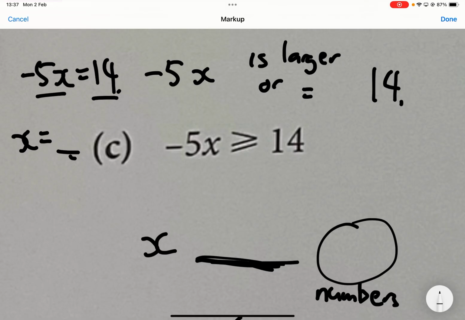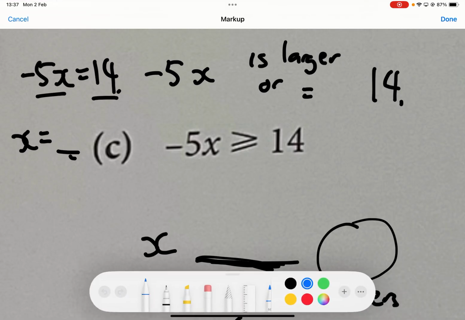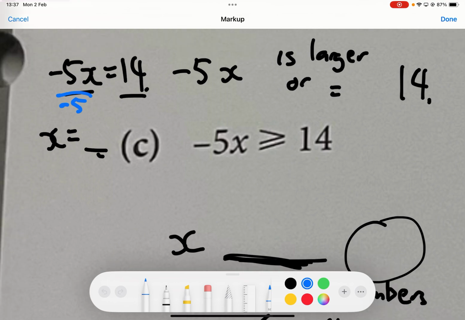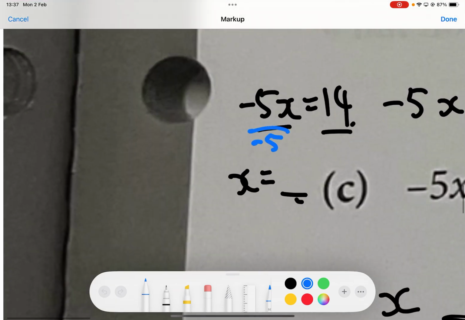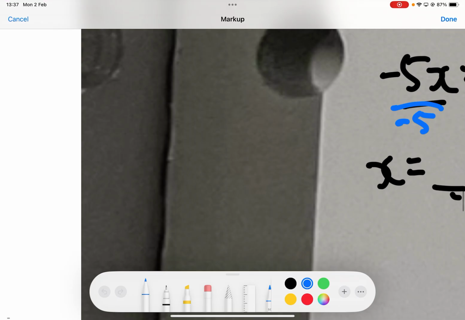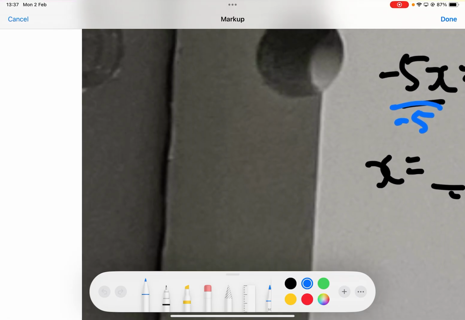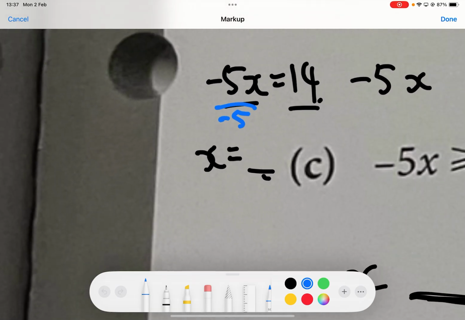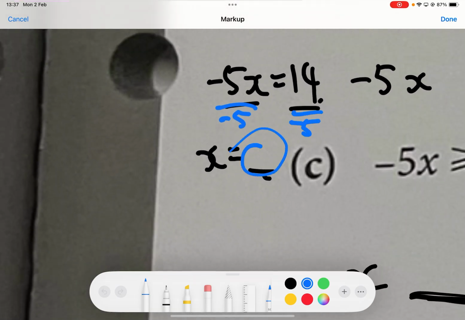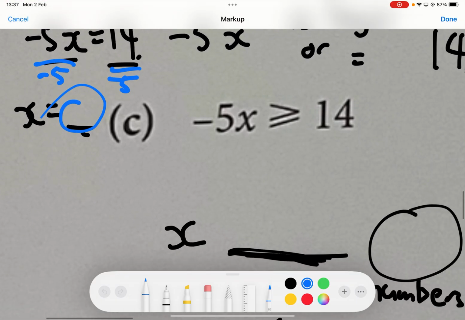So the step is also the same. From negative 5x to x, I divide by negative 5. If I only look at the left, once I divide by negative 5, I will get x. But because I divide by negative 5, I must divide by negative 5 on the right also, then I can know what x is.